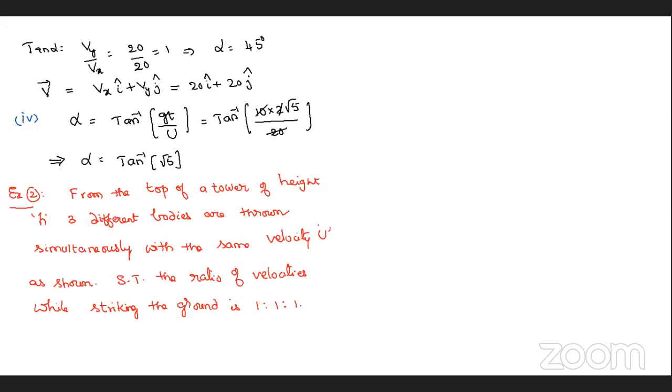Suppose I take this as the top of a tower, and this is the ground. From the top of the tower, three bodies are projected simultaneously. Body one is projected vertically upwards.